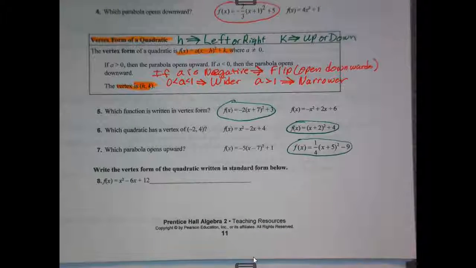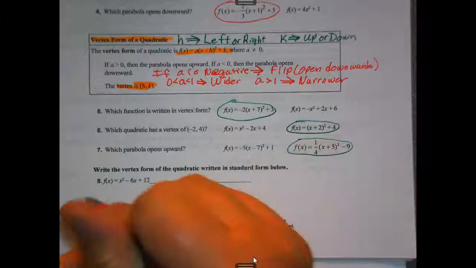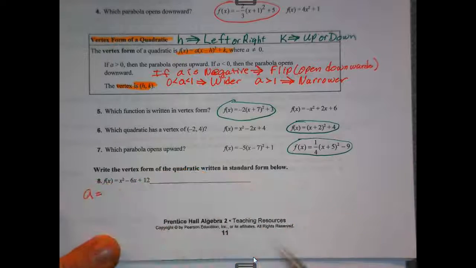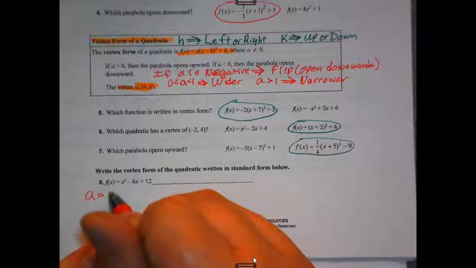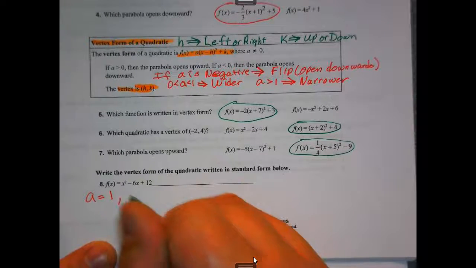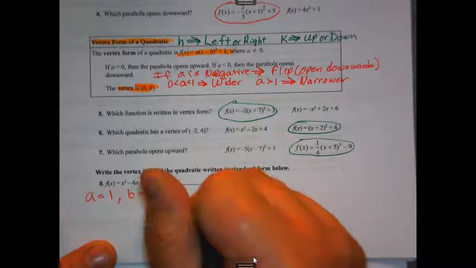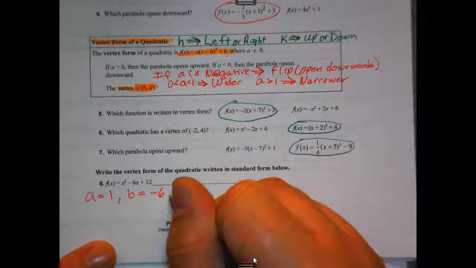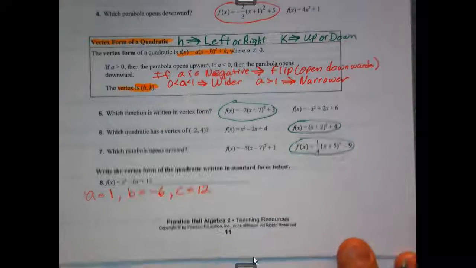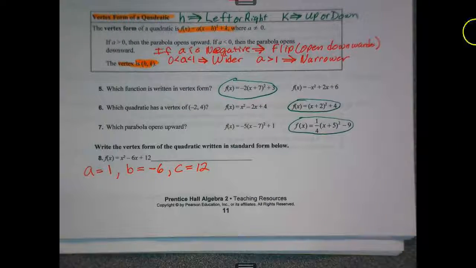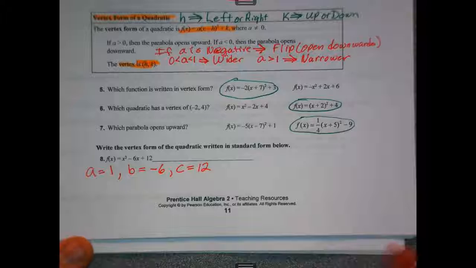And the way we do that is we have A equals, what's my A equal? That's right, children, 1. What's my B equal? That's correct. It's -6. What's my C? Wonderful. All right. So I'm going to find my vertex.